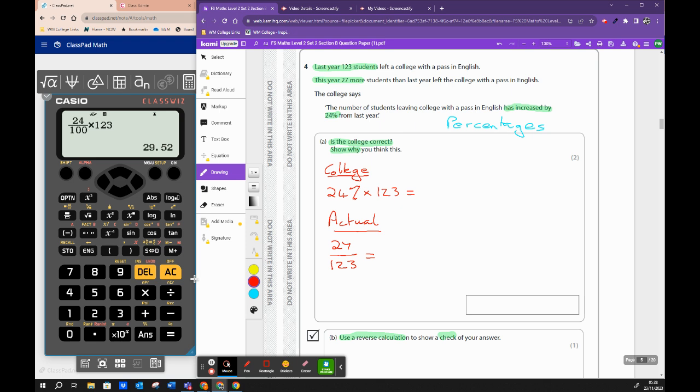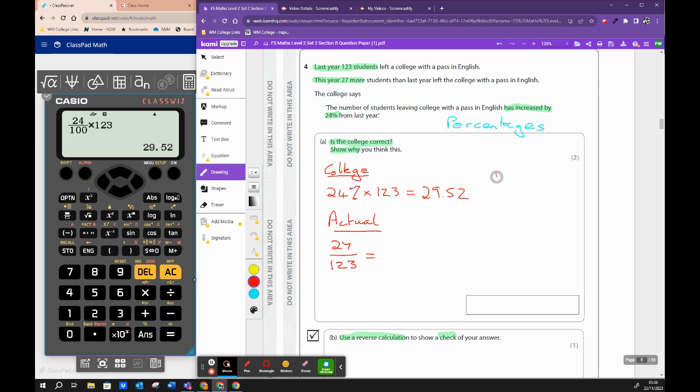Okay, so here's my first one there. You can see on the calculator 24% of 123. So just so we're clear, these are two different methods that I'm doing here. So if I've done this method here, is the college correct?